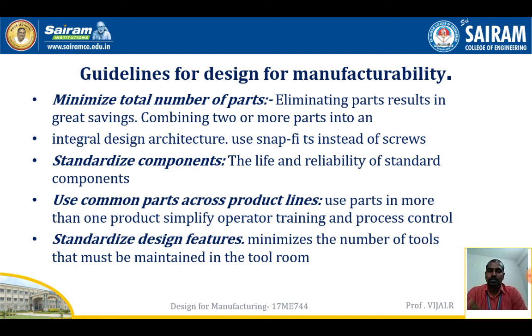Nuts, we can use in one product and in a different one, with the same shape or component size, if you design for other products also, so that it reduces the cost, and it will help manufacturability. The process will be easier. So in the entire product line, it will be easier to use the same common parts.